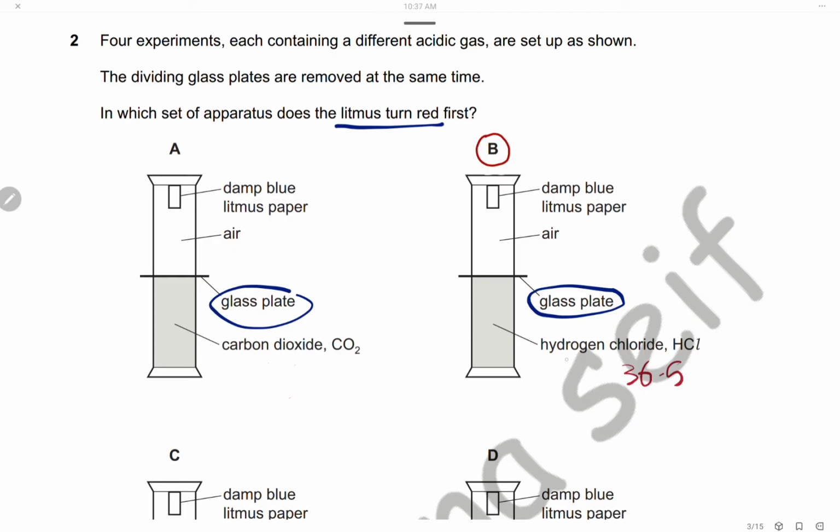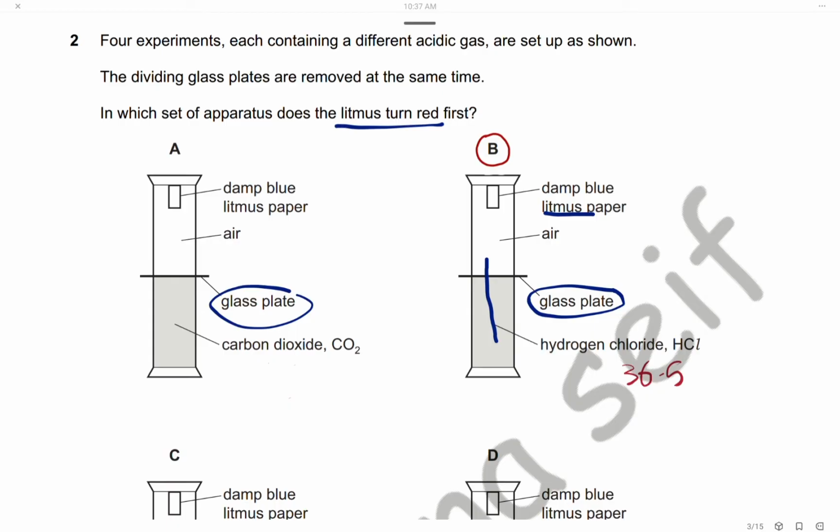That means the gas in the lower cylinder that will diffuse upward to reach the litmus paper and turn the color red. So the gas that will make the litmus paper red first is the gas that has the fastest rate of diffusion. And as we know, the rate of diffusion is inversely proportional to the molecular mass.